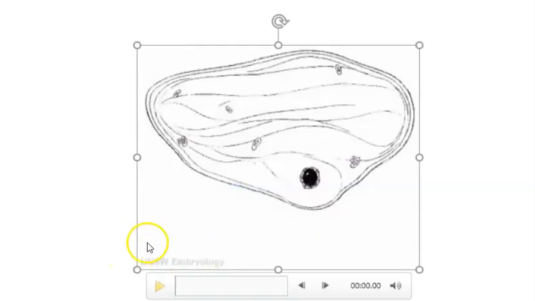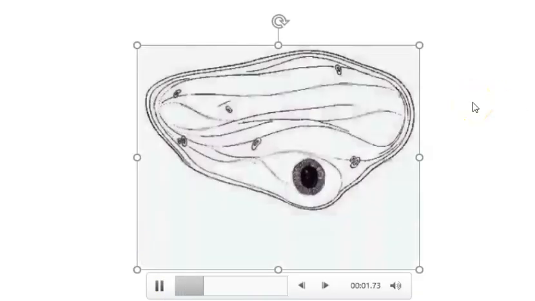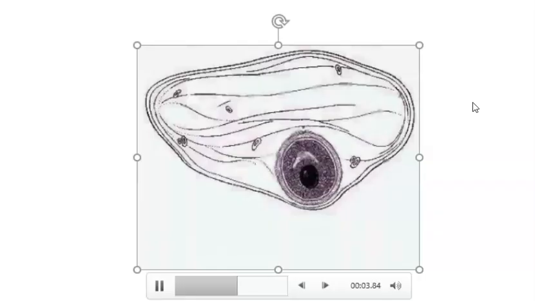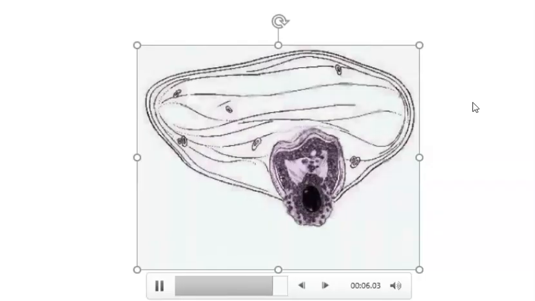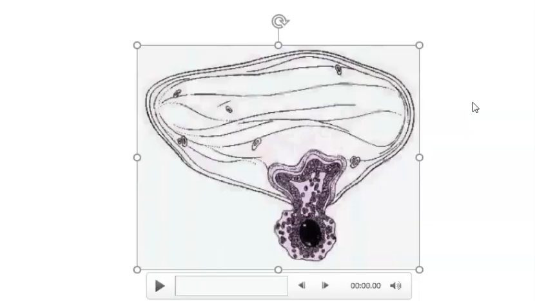This is ovulation, a drawing format from the University of New South Wales in Australia. So we have formation of the secondary, tertiary, antral follicle, ovulation. That's kind of cool. It's a drawing though. This one's even better. And I hope the lighting's good enough for you.